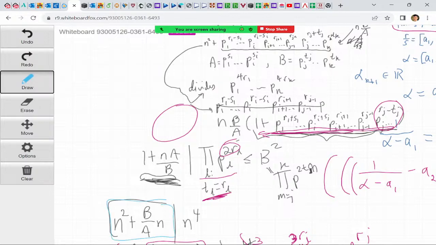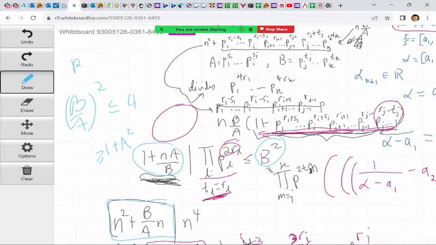So B over A has to be less than 2n. So B over A squared has to be less than 4, right? So it's the same argument as before. Because this is smaller than B squared. So something smaller than B squared, and this is bigger than 1 plus A squared, right?